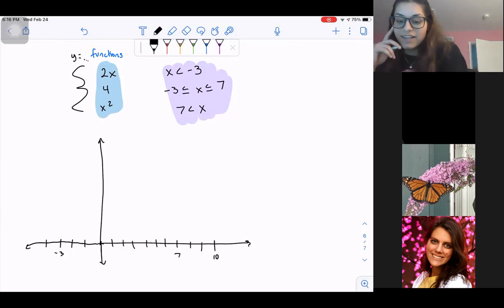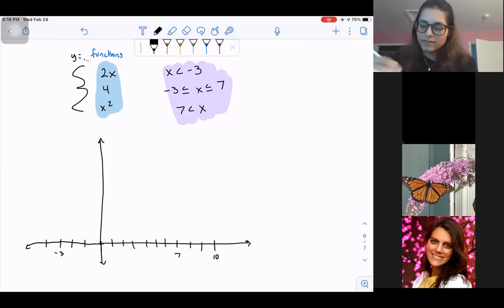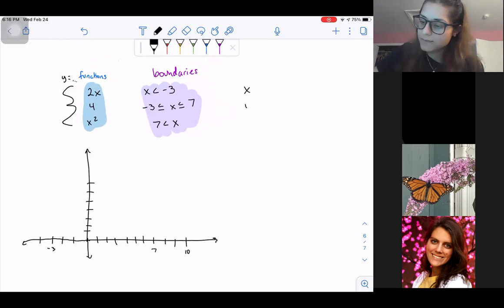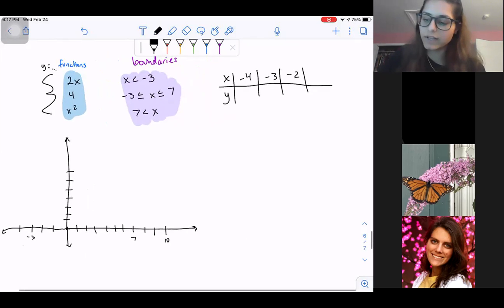Okay, so let's draw. I'm going to start with the top one. Anything less than -3 is going to look like 2x. Here you could make a table of values if you wanted. So I would go x, y, and x could start from -4, -3, -2, and we'll add more later.